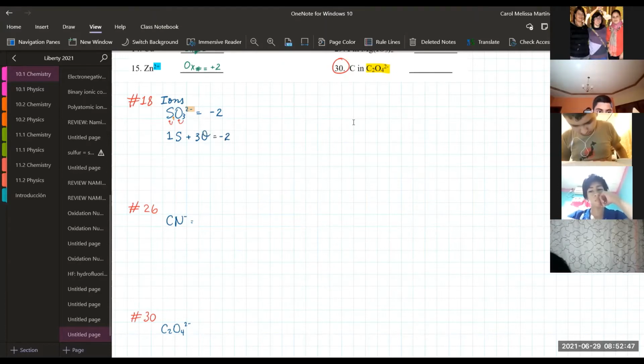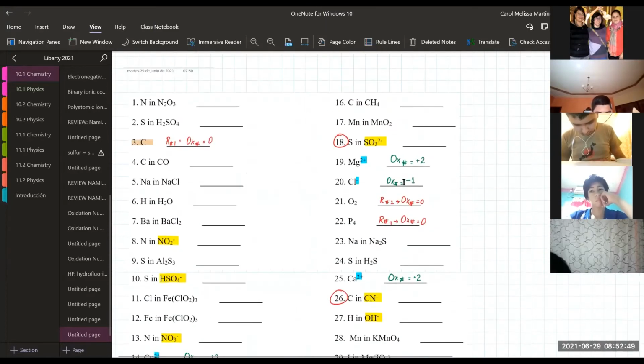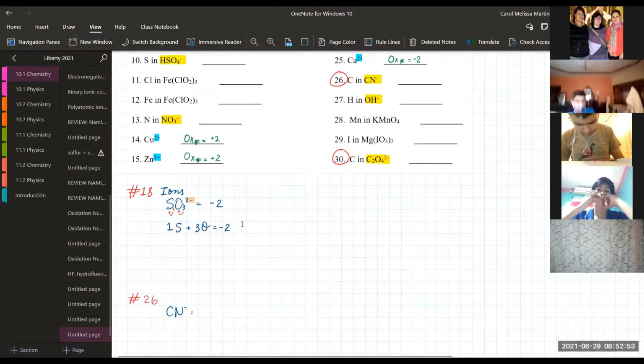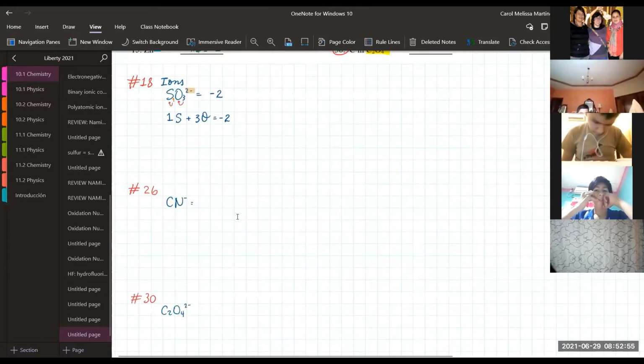The exercise says that we need to find the oxidation state for sulfur. So sulfur is going to be my unknown. Remember that coefficients of 1 are invisible, so you can skip them.